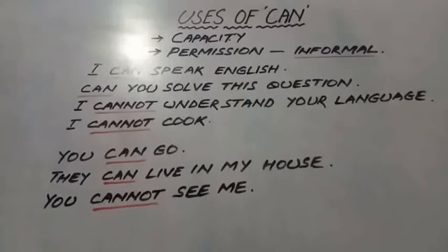Or may I go? You can go. So it's permission given. When permission is given and can is used, it should be in an informal way. You can go. So what will be the question? Can I go?